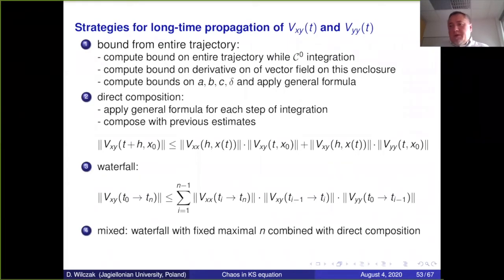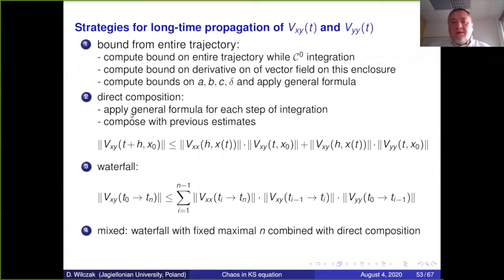If you remember, we have to compute alpha, beta, gamma, and delta, which is the bound for the vector field only. So we can first integrate the entire trajectory using the C0 algorithm. Given an enclosure for the entire trajectory, we can compute those quantities of the vector field over this huge set, and then try to apply. This is the less costly approach, but usually gives the worst estimations.